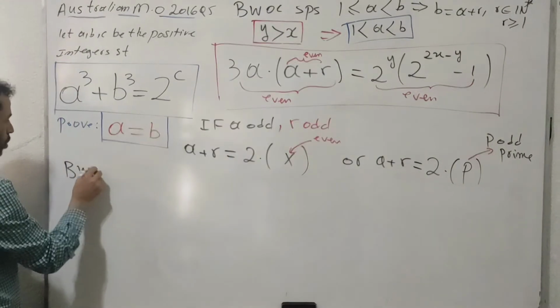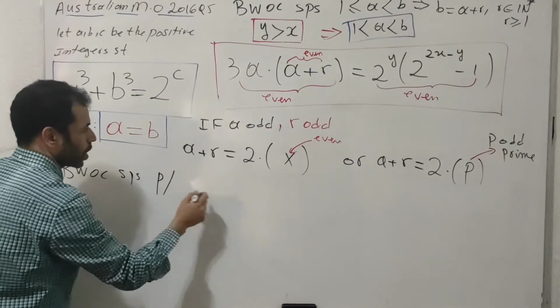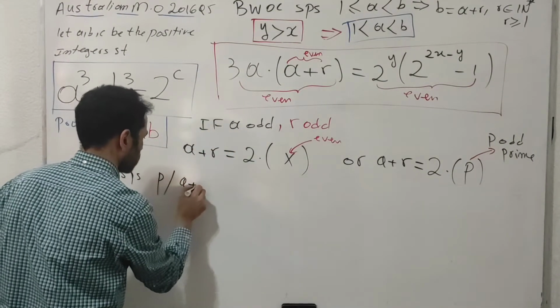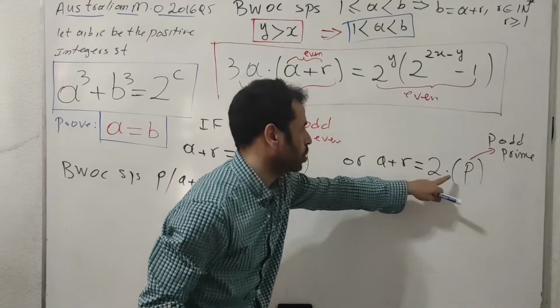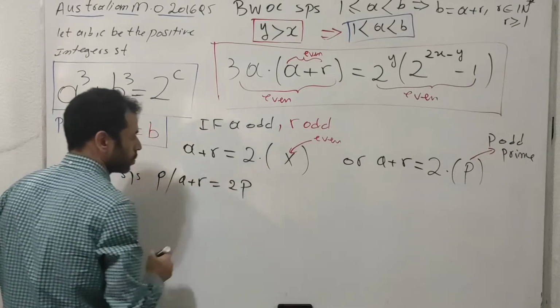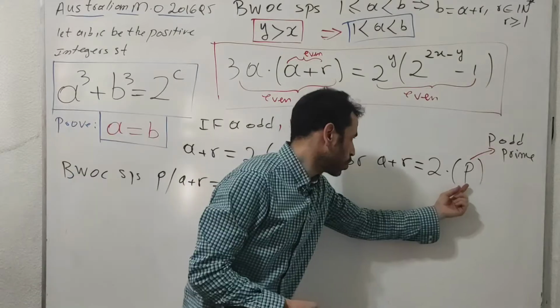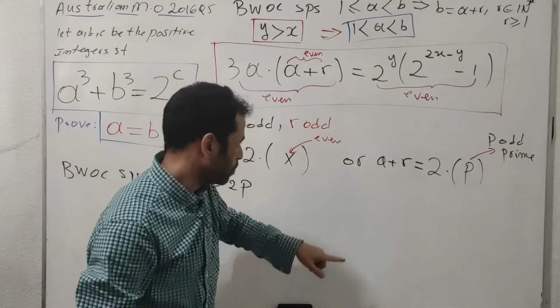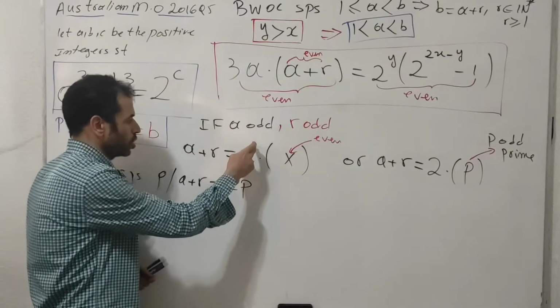By way of contradiction, suppose P divides A plus R. So we have this expression, A plus R equals 2 multiplied by a prime number. Okay, so A plus R will be 2P, because we already showed 4 does not divide A plus R. We have a single factor of 2 here. Now P is multiplied by the number 2 only here. The largest power of 2 is 2.